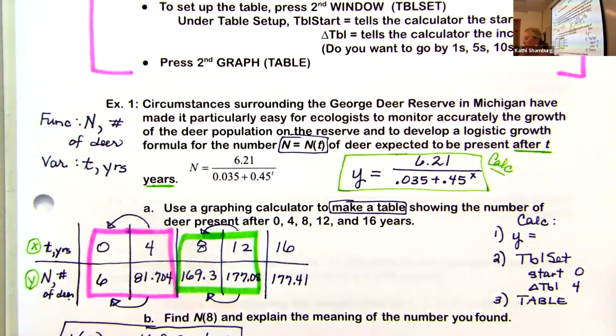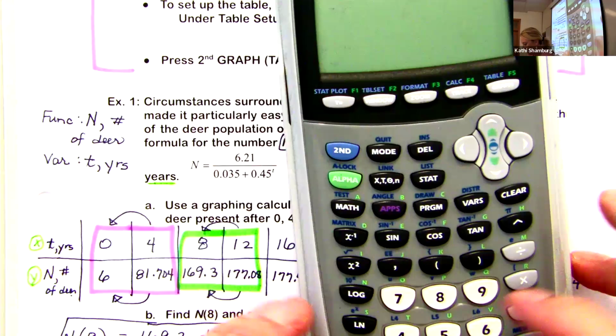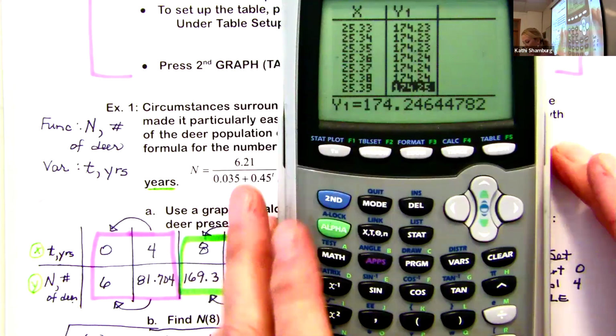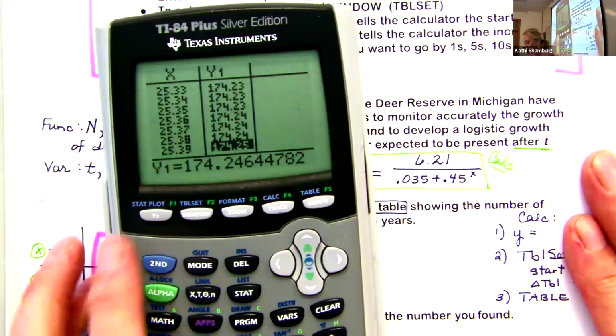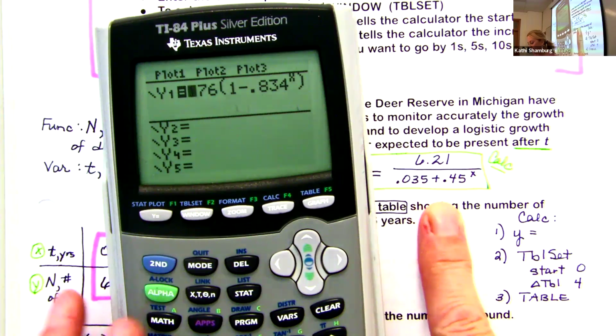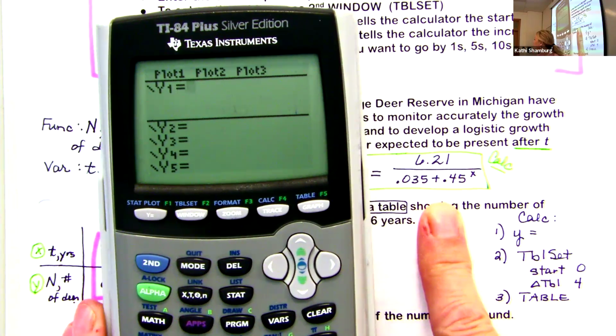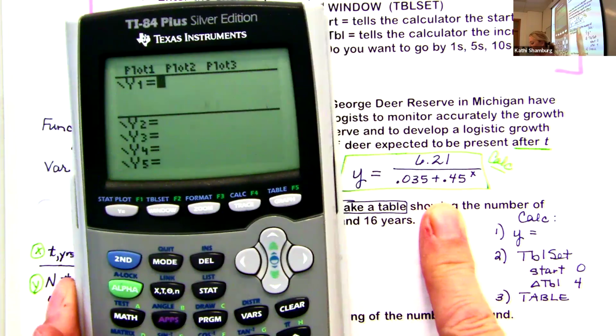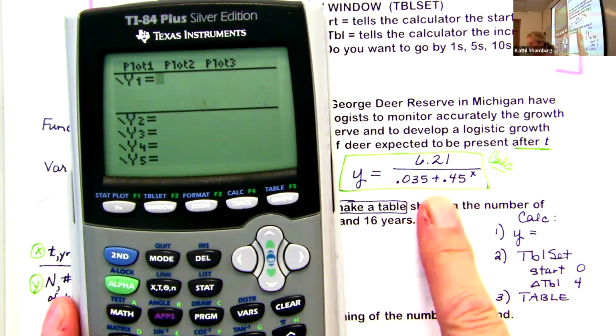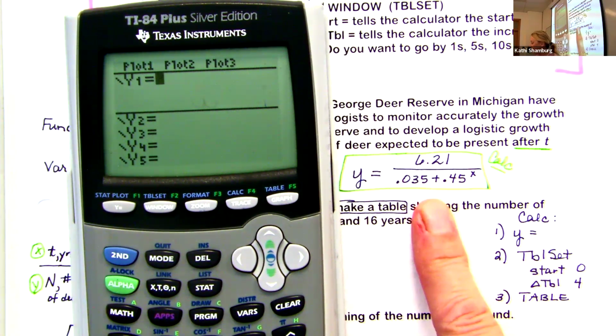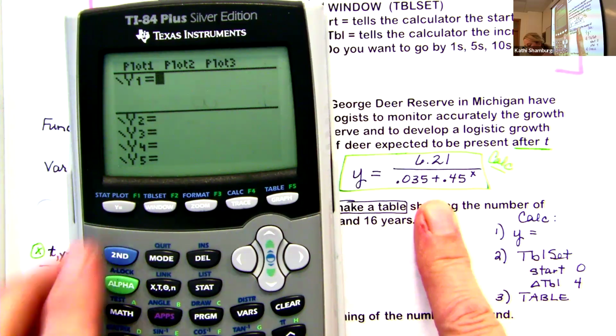So if you have messed with your calculator, and I know I have since then, this equation is not what is in my y equals. So I want everybody to go into their calculator in the y equals, and I want you to be sure that this is the equation that is in there.